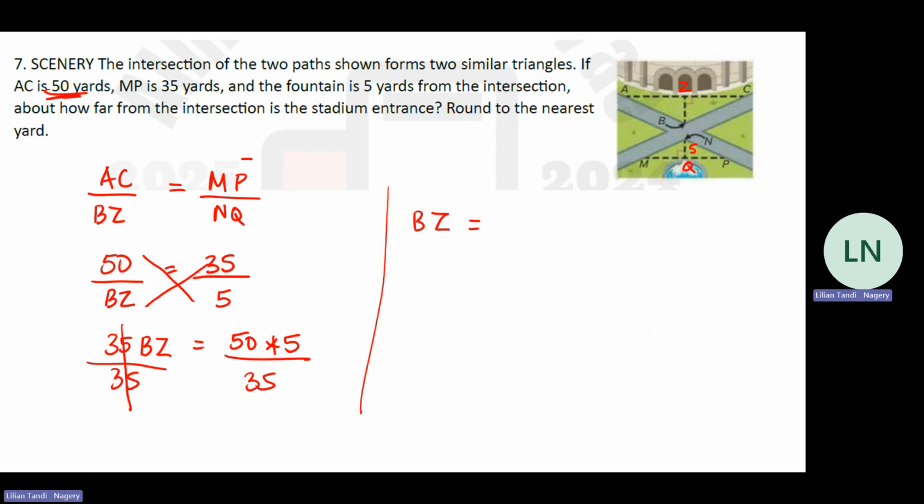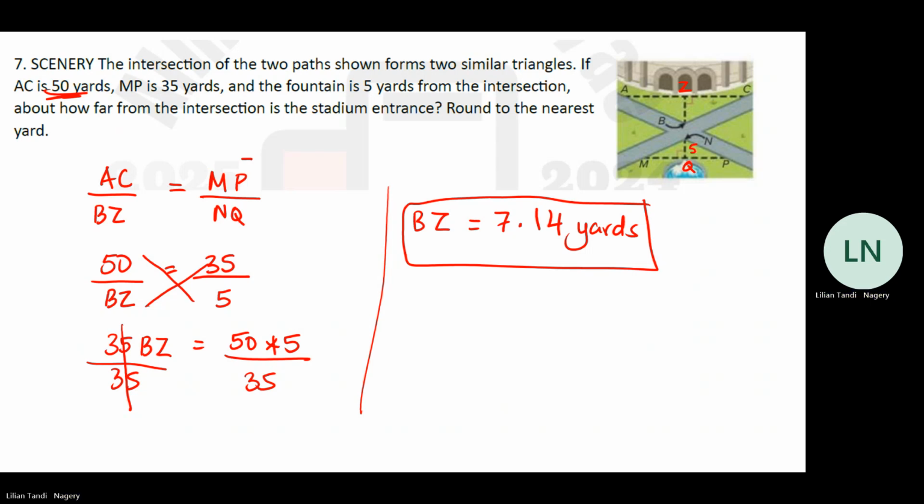That should give me 7.14 yards. All right, let's move on.